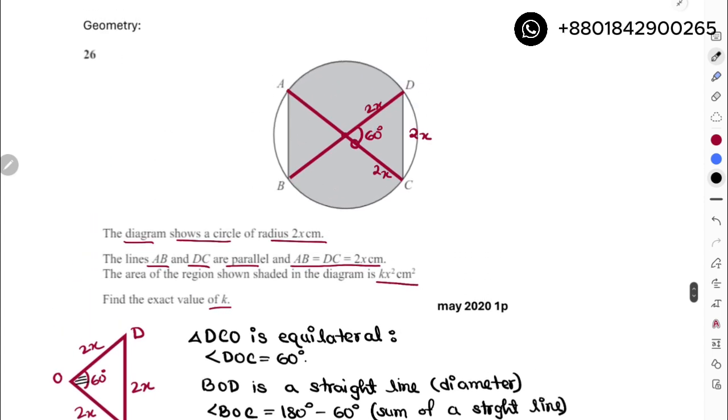Now if we go back to this diagram, if I erase this O or erase this 2x over here, I'll just keep this 60. In this case, now you can understand this one creates a sector, right? This BC is an arc length, and OB and OC, this is a sector.